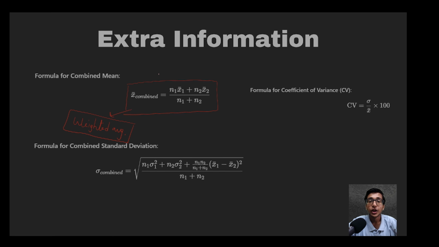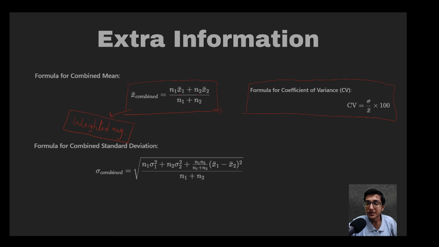Basically, let's say if you were given two different data sets, one which has n1 number of points and the other which has n2 number of points, and you calculate the mean of both the data sets. The mean of the first data set is x1 bar and the other one is x2 bar. Now you have been asked to find out the combined mean of these two data sets. So this is the formula that you use to calculate it: n1 x1 bar plus n2 x2 bar upon n1 plus n2.